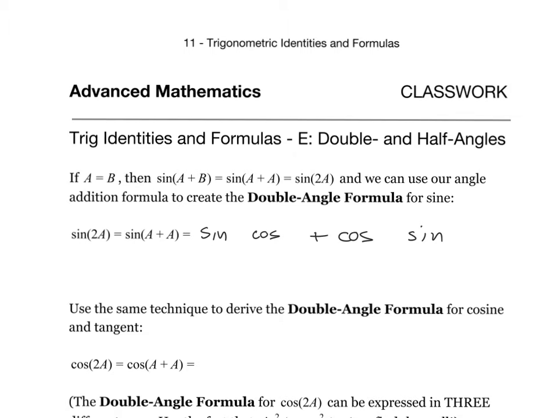The sine angle sum formula is sine, cosine, cosine, sine. And then I'm going to poke in the arguments. The first argument goes here, second argument goes here, first argument goes here, second argument goes there. And they're all a's, so it's really easy. So this becomes sine a, cosine a, cosine a, sine a. This isn't rocket science. So it's sine of a, cosine of a, plus cosine of a, sine of a.